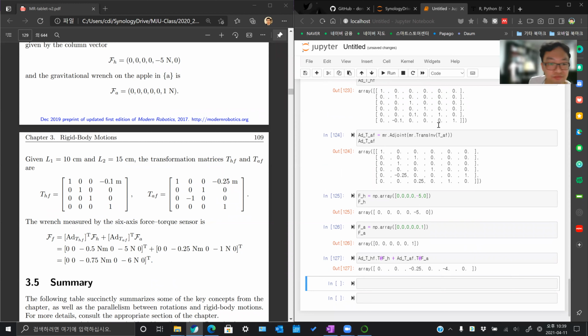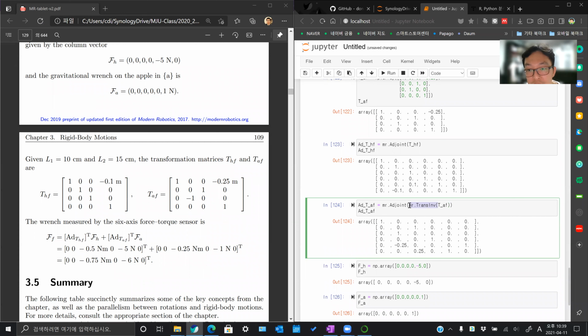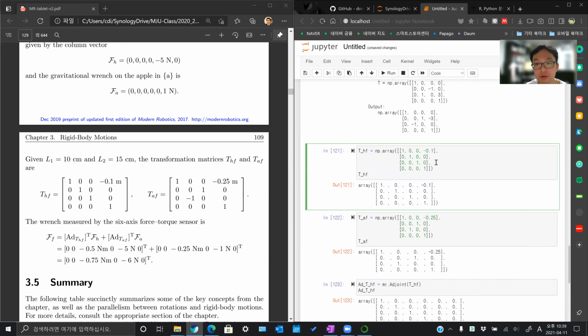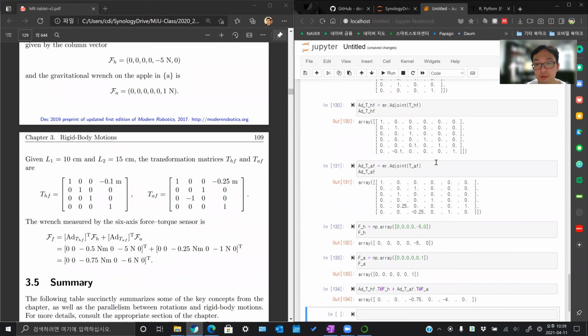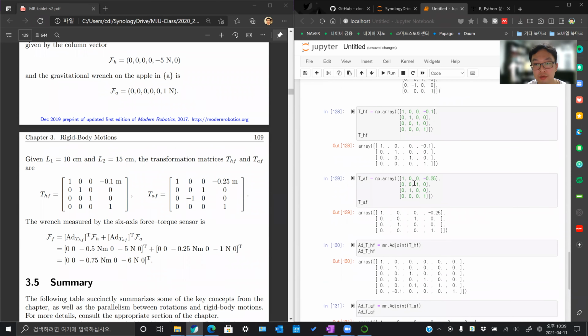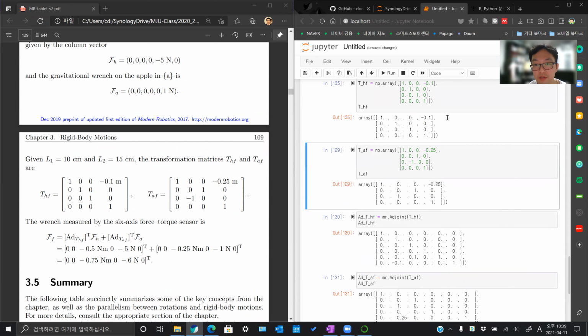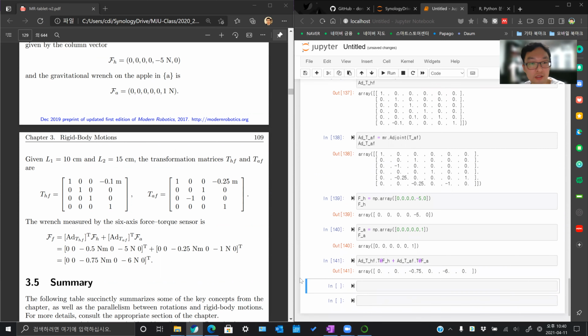Oh. Again, there is an error in the calculation. We didn't erase the inverse here. In the case, minus here. Yeah, then it becomes the same one here.